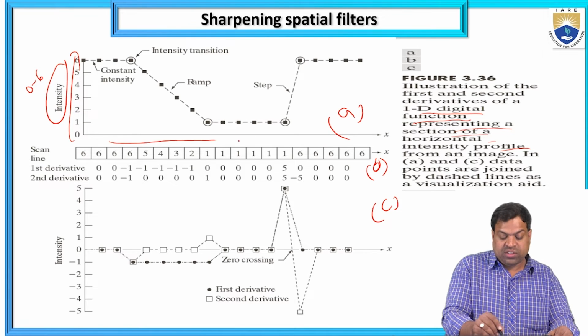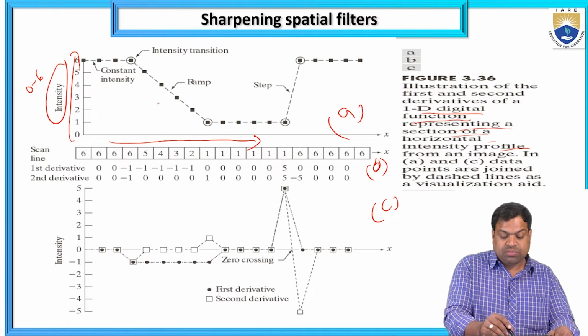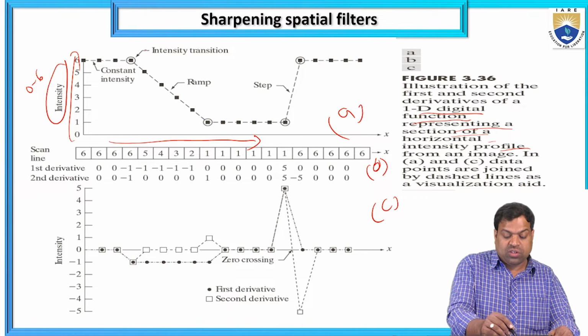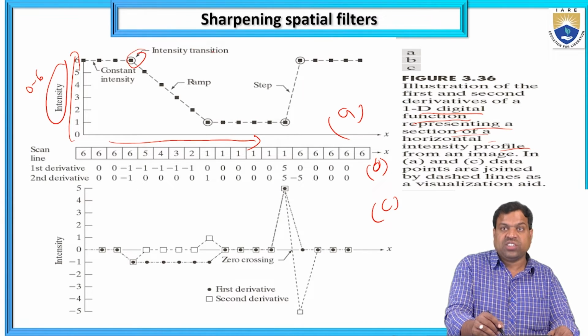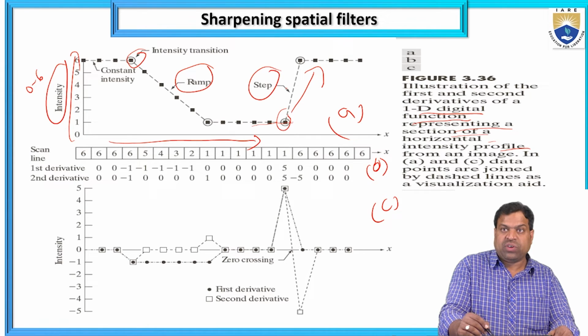As the pixels increase, there is an intensity transition. Going down, it is a ramp, and then constant. When it goes upward, it is a step. When going down, it is a ramp.